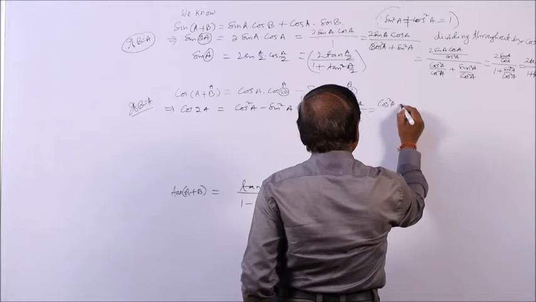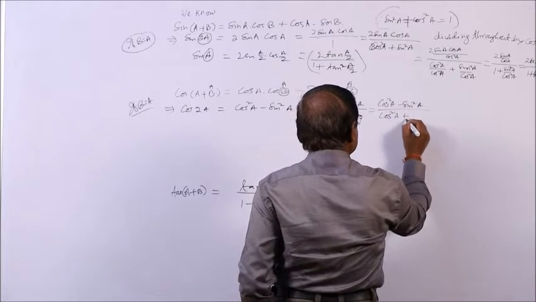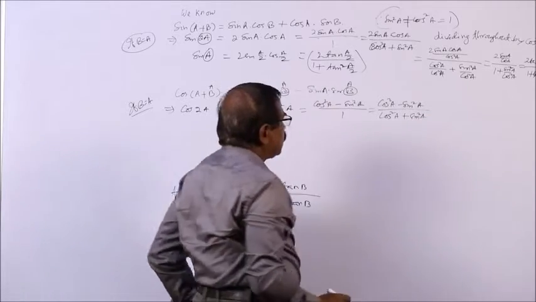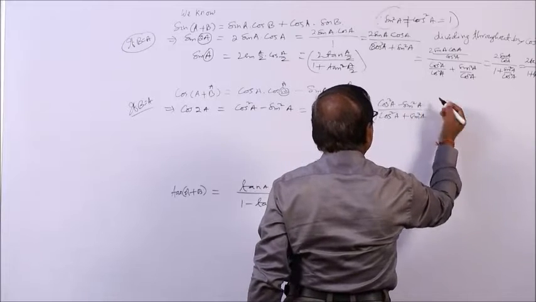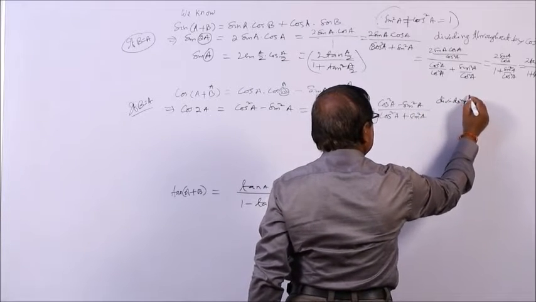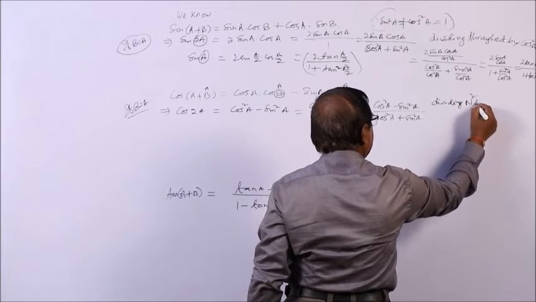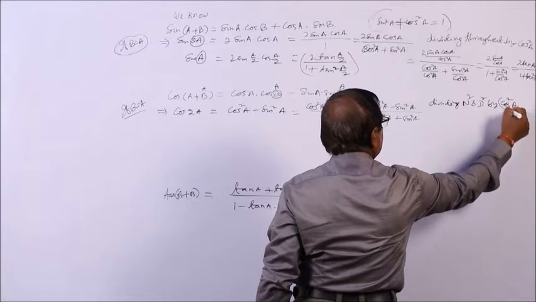So cos square A minus sin square A by cos square A plus sin square A, because cos square A plus sin square A is 1. No harm. Now dividing numerator and denominator throughout by cos square A.